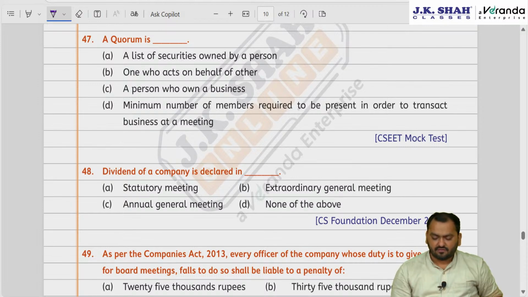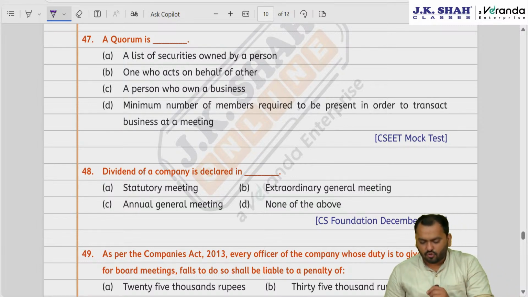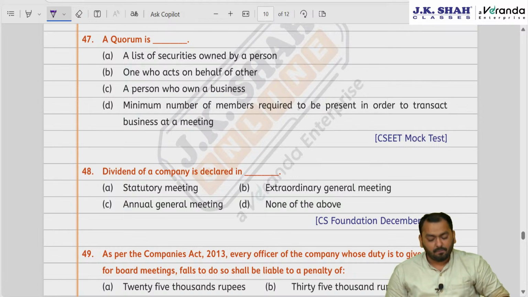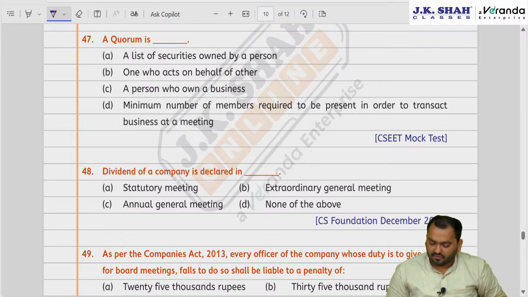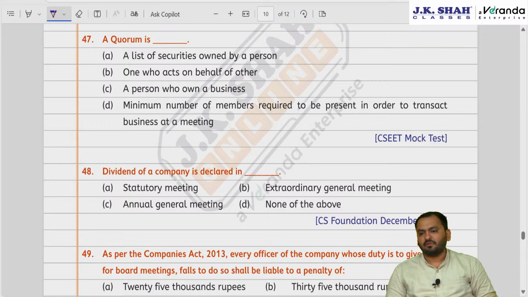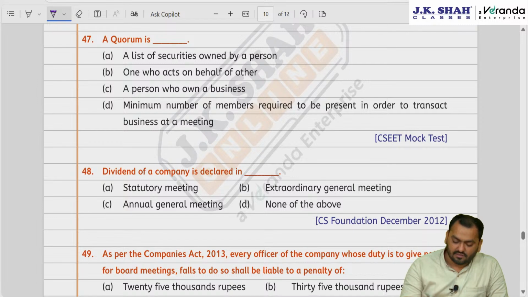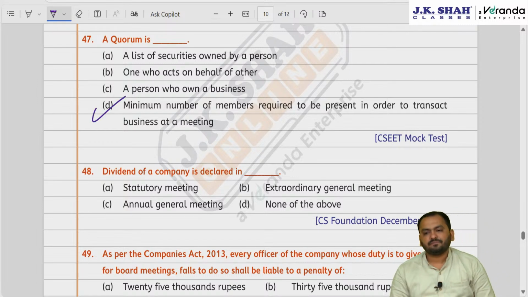Here they are asking the meaning of quorum. So quorum means what? A list of securities owned by a person, one who acts on behalf of another, person who owns the business, or minimum number of members required to be present to transact business at the meeting. So obviously the answer is option D.